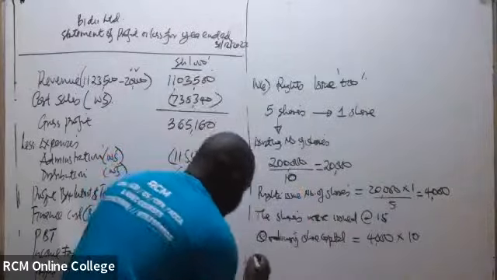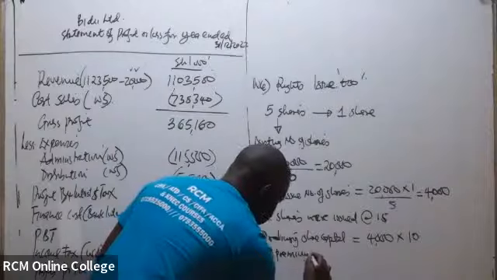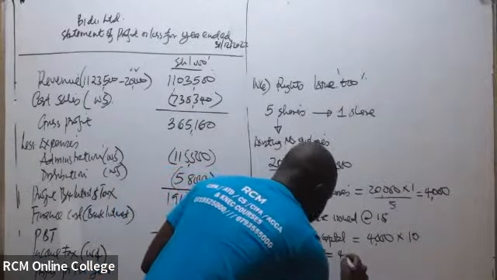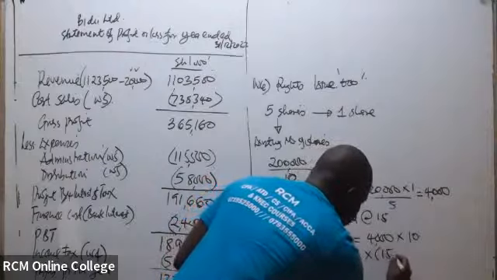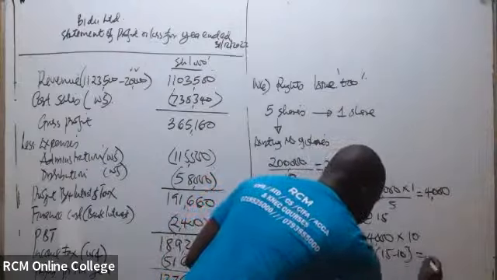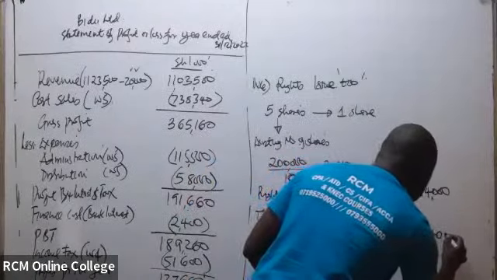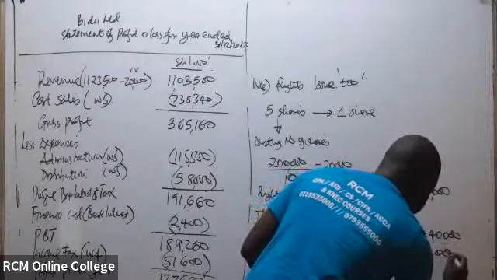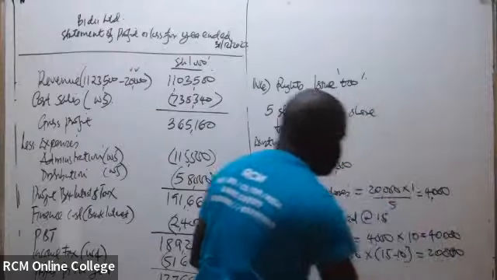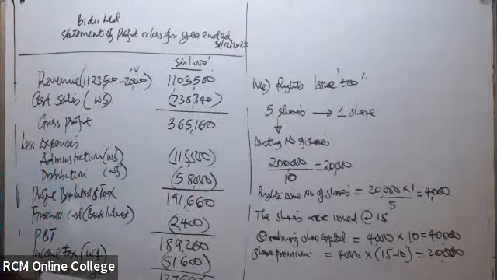Then to the share premium, you take 4 million multiplied by 15 minus 10. Therefore, the ordinary share capital will increase by 40 million, and the share premium account will increase by 20 million.